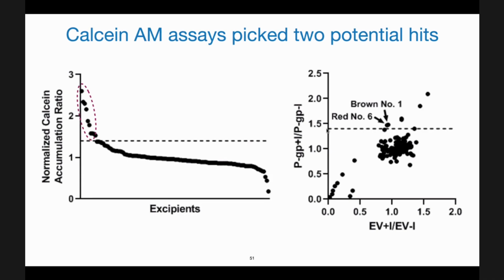And here we took the threshold of 1.4 for seeing the difference in the PGP cell line, but for empty vector we wanted to have a negligible effect, basically no change in fluorescence. And so we picked up two compounds, DC Brown number 1 and DC Red number 6.